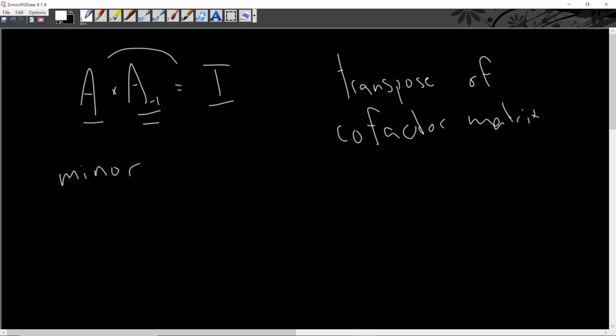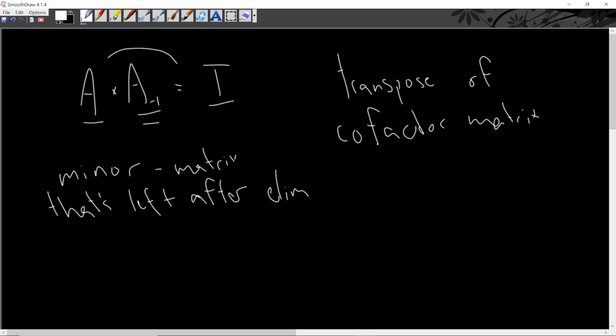A minor is just the matrix that's left after eliminating the row and column that some element a_ij has.